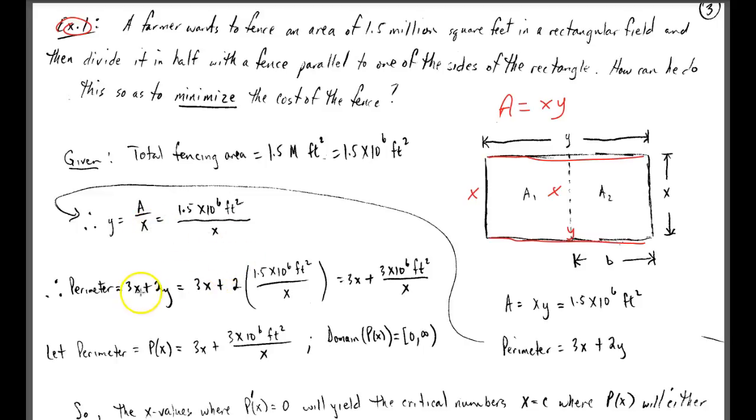So if we come here, the perimeter is just going to be 3x plus 2y. And y is just the same thing as A divided by x. See how that now turns into this because of what we see here. Now we have perimeter in terms of x, this side here.